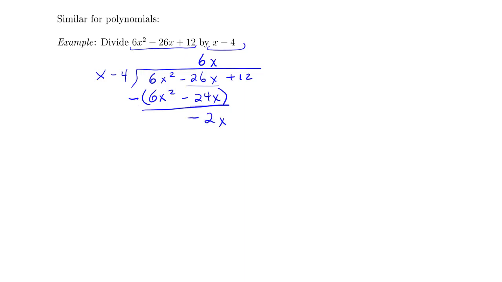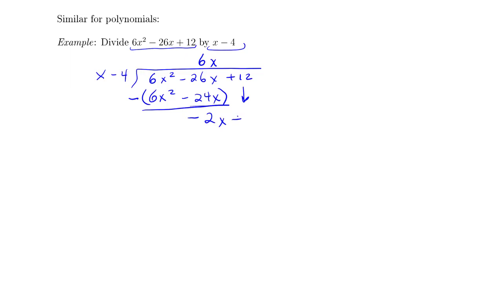All right. So now we're basically at another starting point. We're thinking about x minus 4 going into minus 2x, but that can't happen because that's 2 terms into 1. So I need another term.